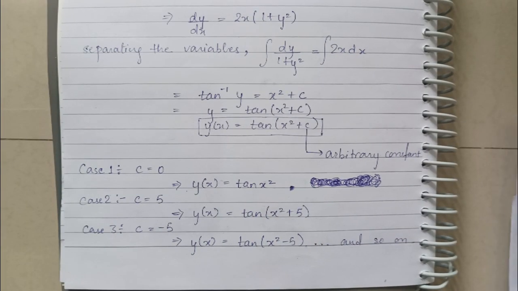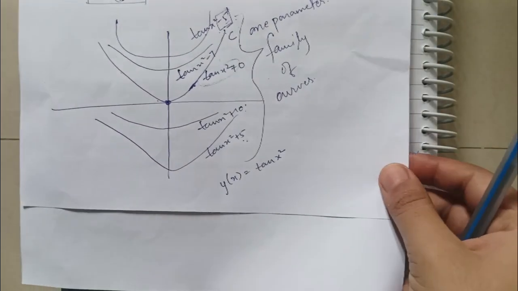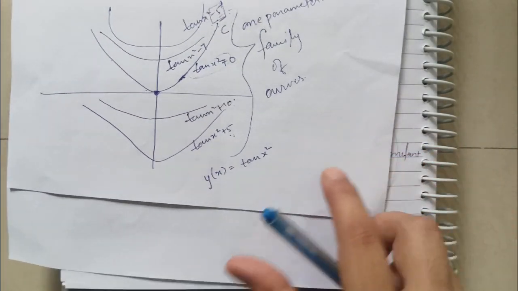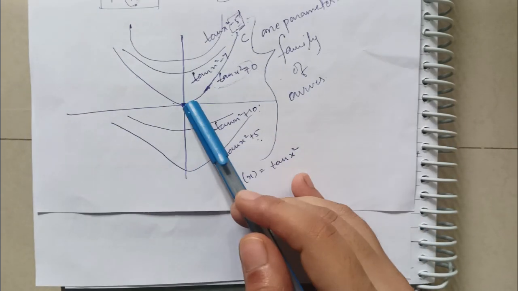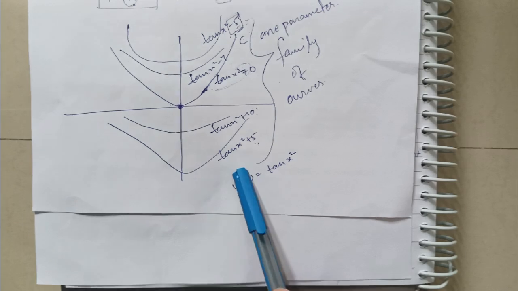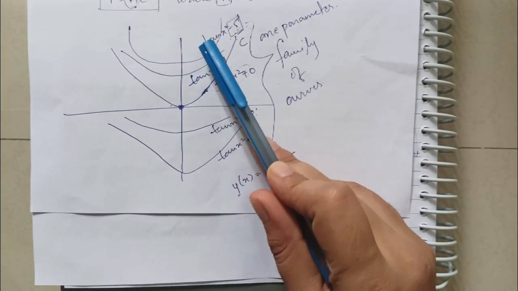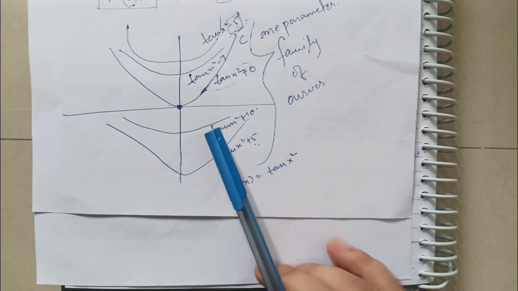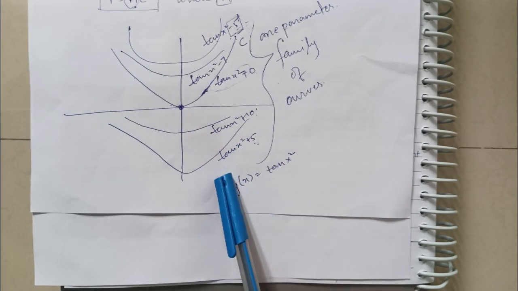Now if you try plotting these solutions on a graph, you will see something like this. This is a family of curves. This is tan(x square), this is tan(x square minus 7), this is tan(x square minus 5), this one is tan(x square plus 10), this is tan(x square plus 5).